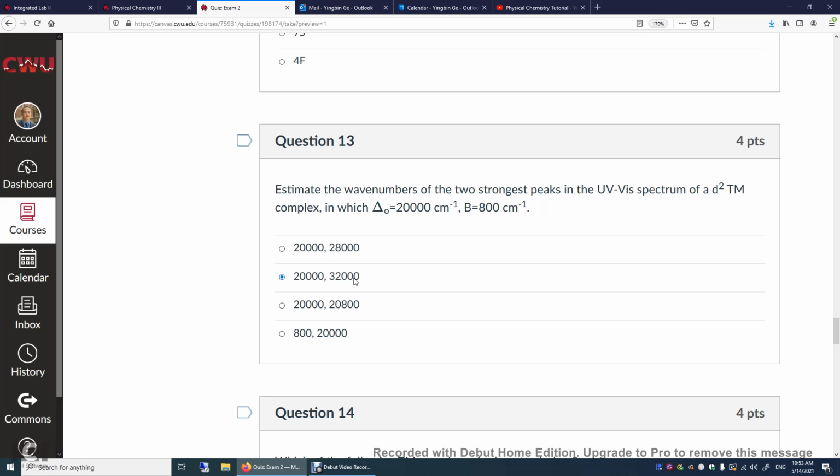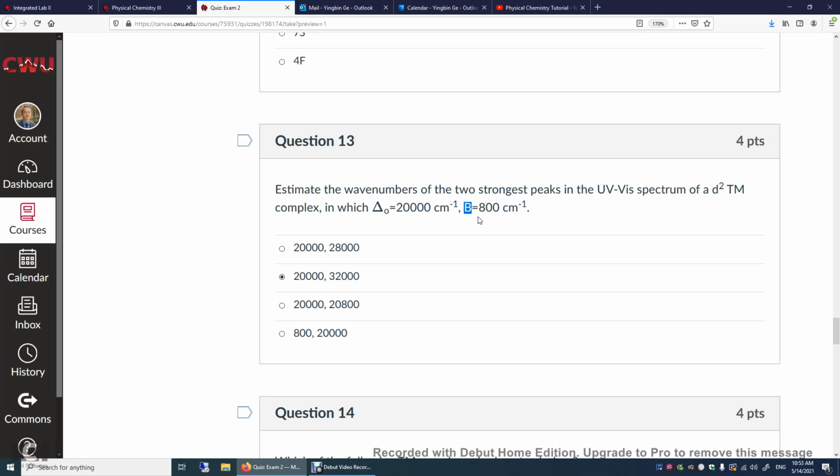Also, you can just use the Tanabe-Sugano diagram and the theoretical basis of the Tanabe-Sugano diagram. All right. I want to talk about the physical meaning of B. B accounts for the additional repulsion between the d electrons in the different d orbitals that sit in the same plane.